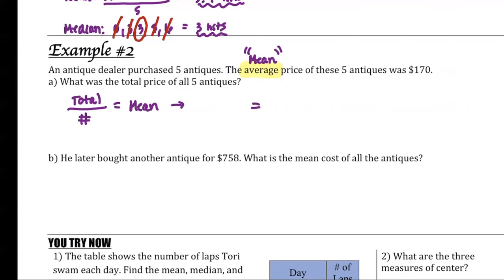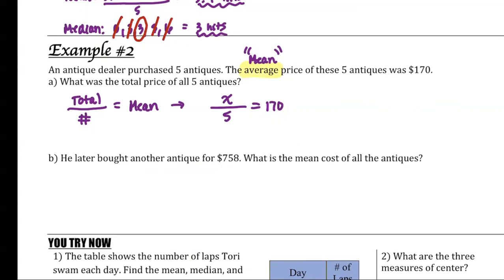So if I know my mean is 170, then this also allows us to find the total that's there. I don't actually know what the total is. That's what it's asking me to find in this problem. But I do know how many numbers were totaled. They had to have added all 5 of the different prices of the antiques divided by 5, and they got 170 as the answer.